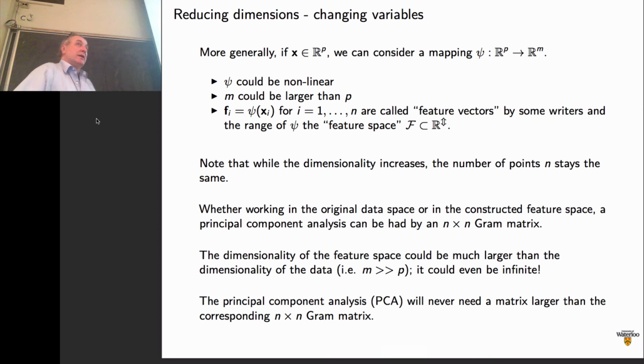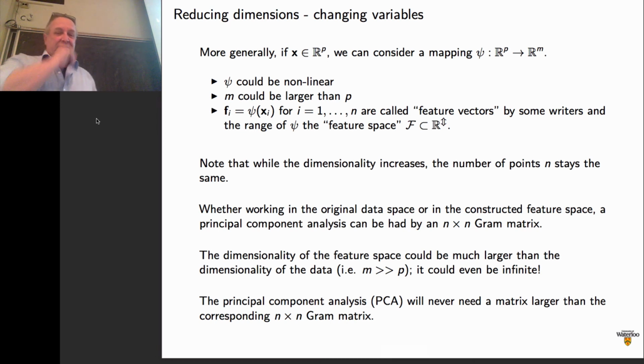The whole idea is to not confine ourselves to just looking for things that lie near subspaces, near planes or hyperplanes, or any linear subspace, any linear manifold, which is a subspace that can be offset, so located anywhere in higher dimensional space. So we want things that are nonlinear manifolds. Can we try to capture that?